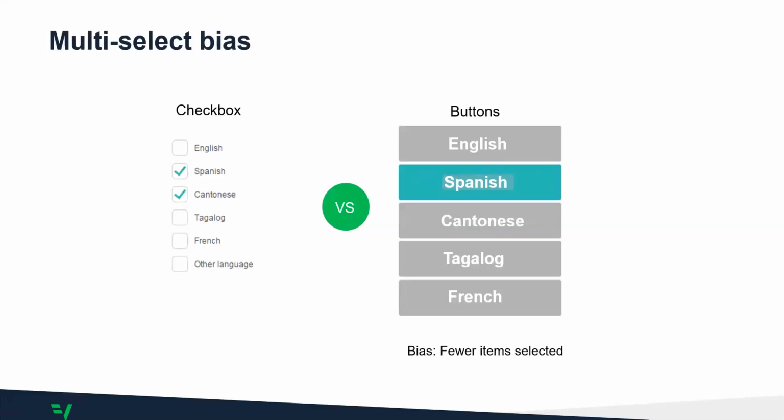Well, when we tested this and compared the two, it turned out respondents tend to select more items when we use the checkbox form compared to the version on the right. And what likely happened here was that the check mark from the checkboxes provides the traditional visual cue of being a multi-select question, but no such visual cue existed with the buttons here, so fewer items got selected.